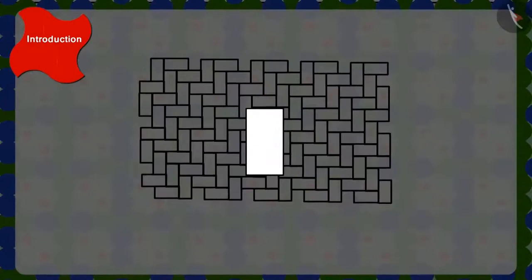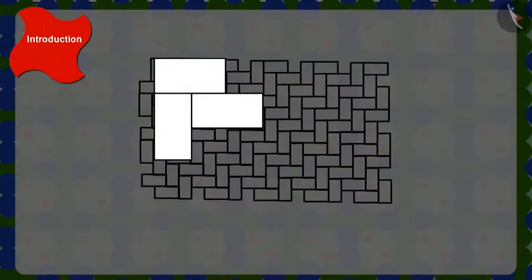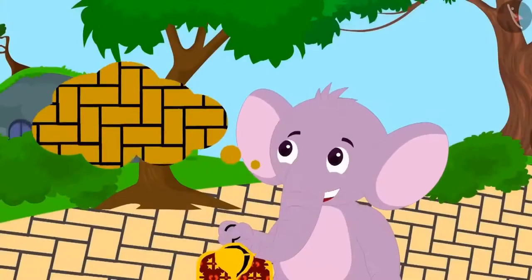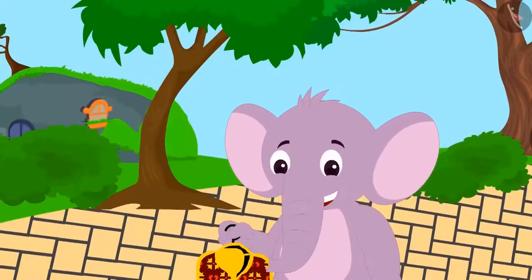Yes, we can make this pattern by arranging these tiles horizontally like this, then vertically, and then again horizontally, and so on. Appu enjoyed making patterns with the tiles.